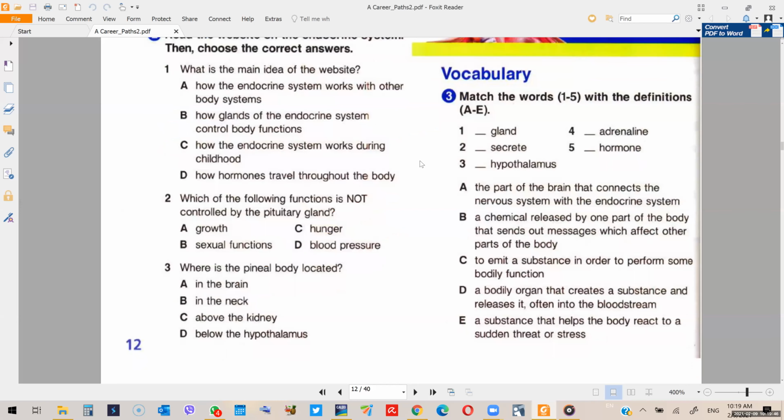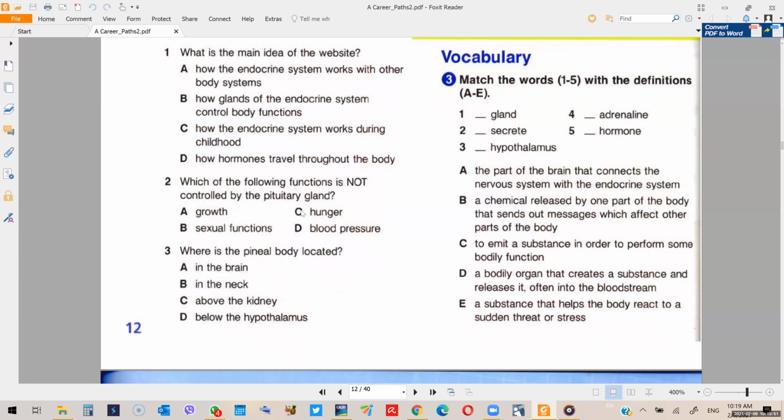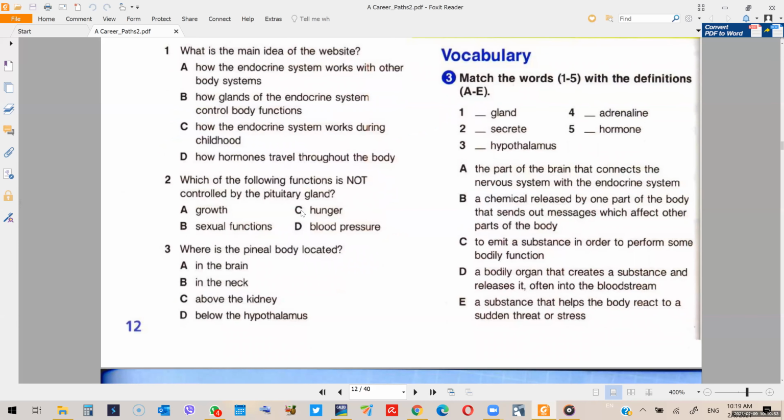Now we move to question number 3. Match the words 1 to 5 with the definitions. So we have gland, secrete, hypothalamus, adrenaline, and hormone. So number 1, gland, is it A, B, C, D, or E?